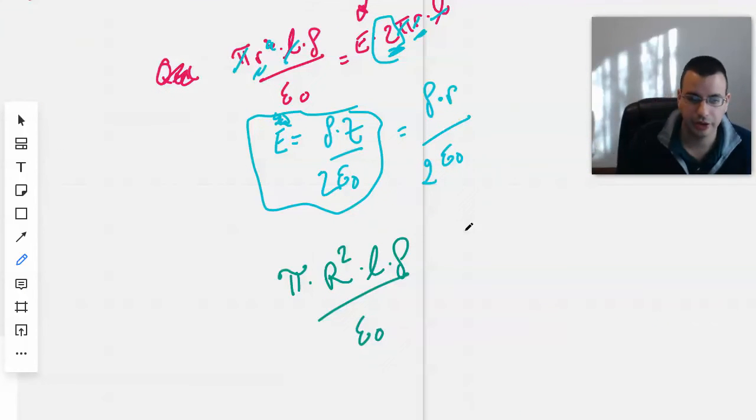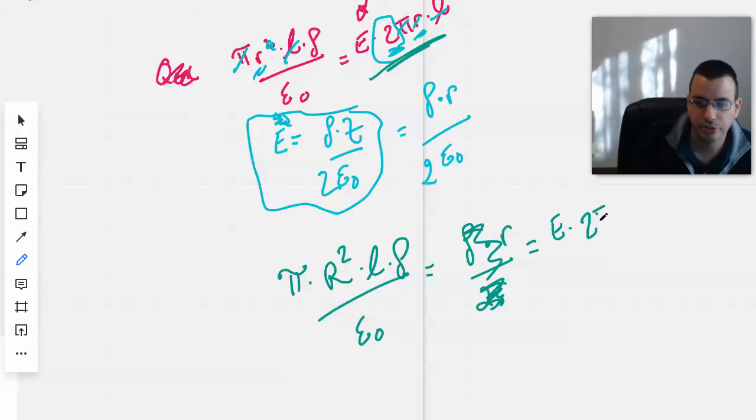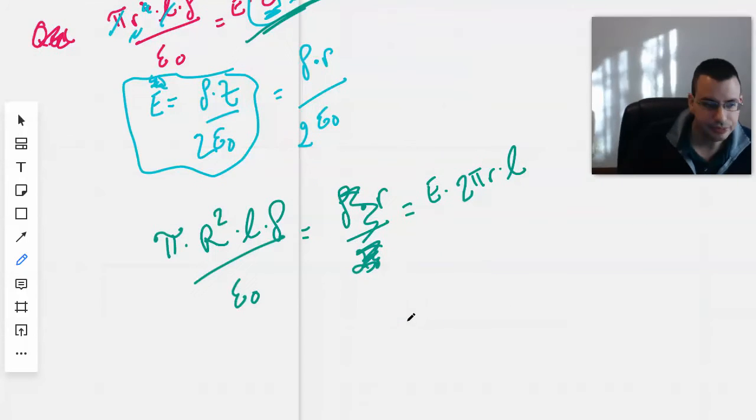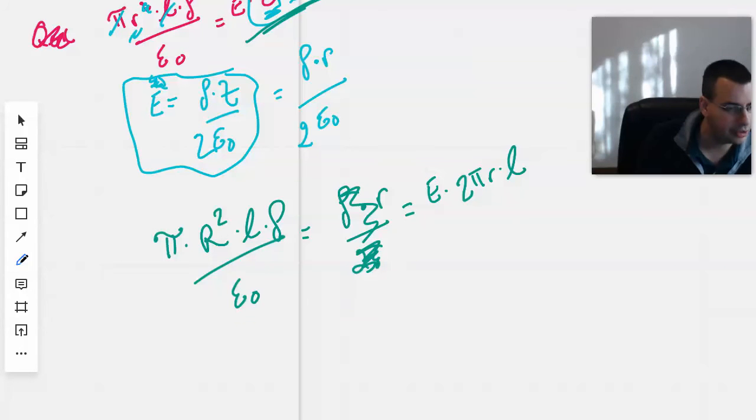Then we go back to rho R squared over 2, this equation up here, equals E times 2 pi r times L. The pi's will still cancel. Always sad to lose pi. Lengths will cancel, which is good because we don't actually know what the length is.